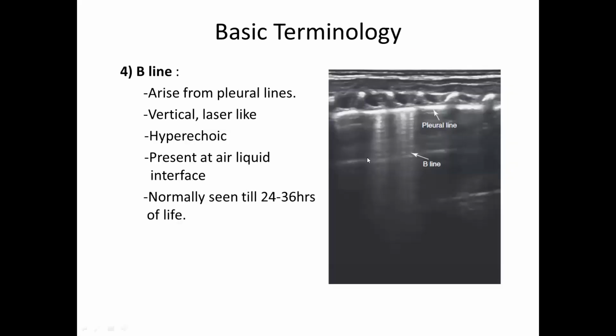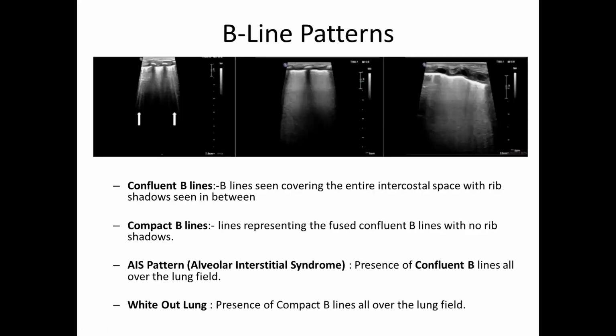And the B lines, which arise from the pleural lines, are vertical laser-like hyperechoic lines, which are present at the air-liquid interface, and these are seen normally till 24 to 36 hours of life, as the lung fluid takes time to get reabsorbed.